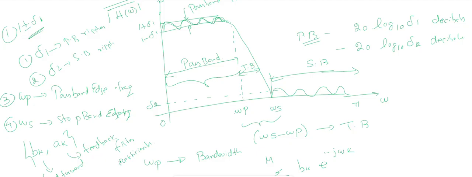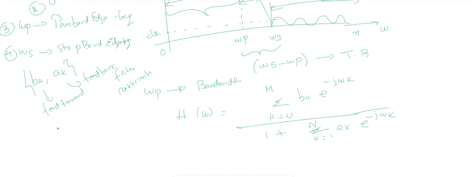This selection of coefficients approximates the desired specification, and it also depends on the number of coefficients, m and n, the zeros and poles.